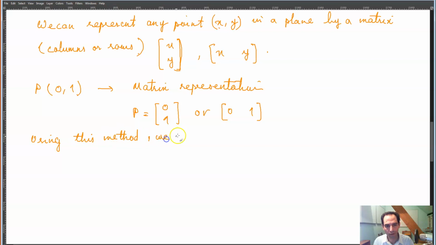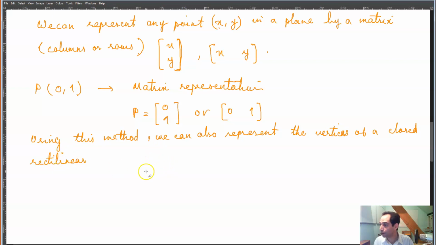So using this method, we can also represent the vertices of a closed rectilinear figure.